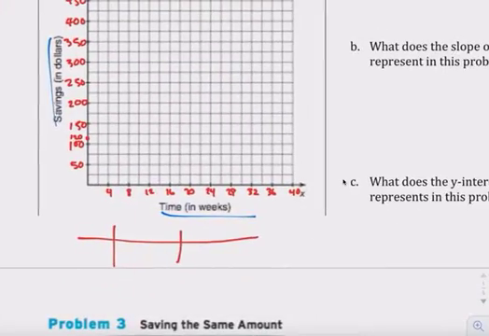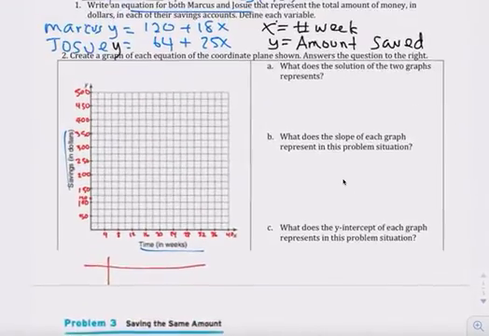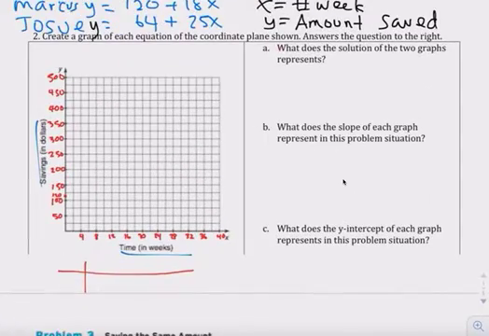I think that's the only way we can graph this is by making a table. All right, let's say X is 0, the answer is 120, okay? X is 40. Let's do the two extremes.